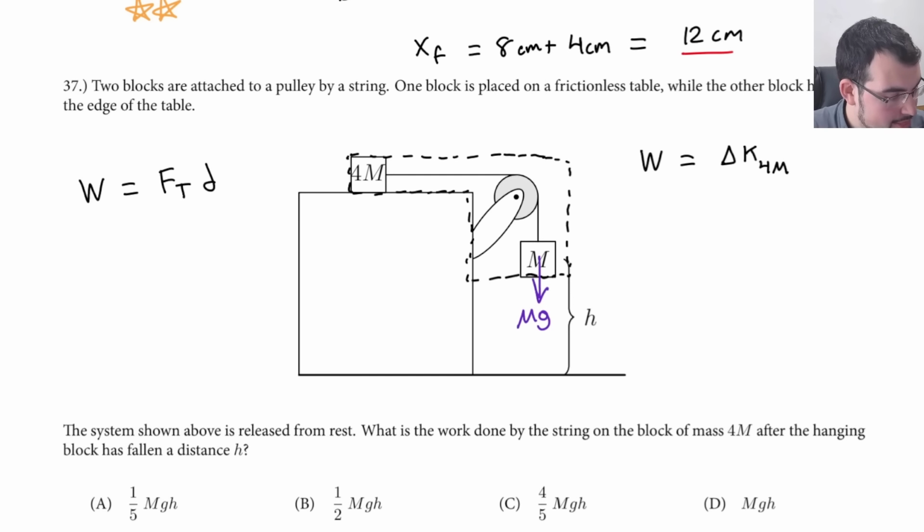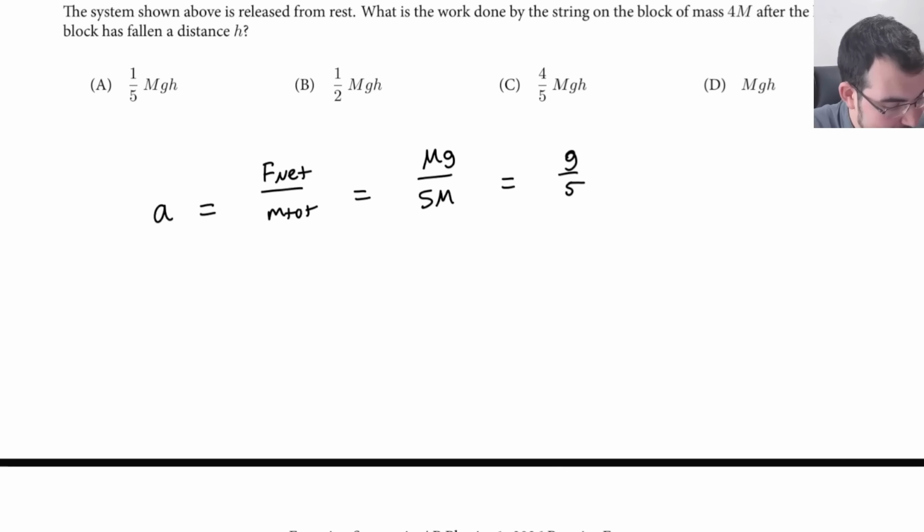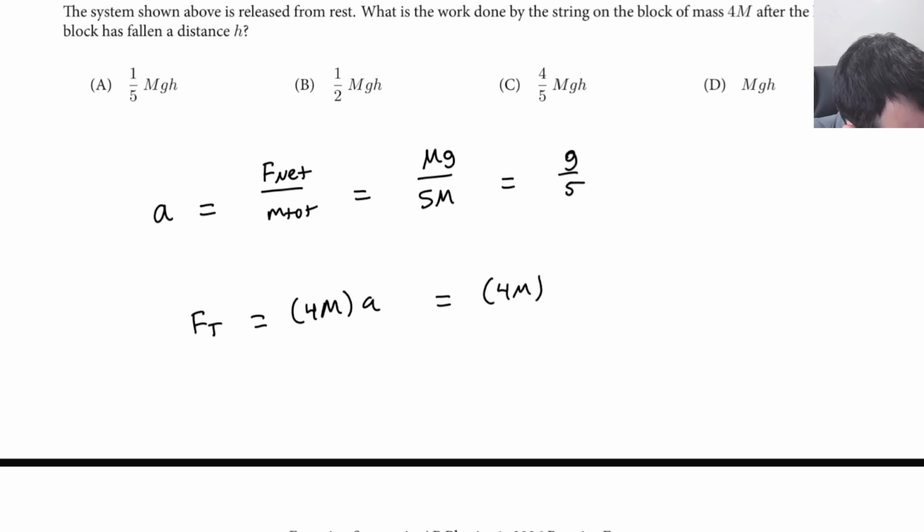So if I do that, that allows me to easily find what this tension force is, because I can just set F equals ma. So F_T is just equal to ma for the 4m block. So that's just going to be 4/5 mg.